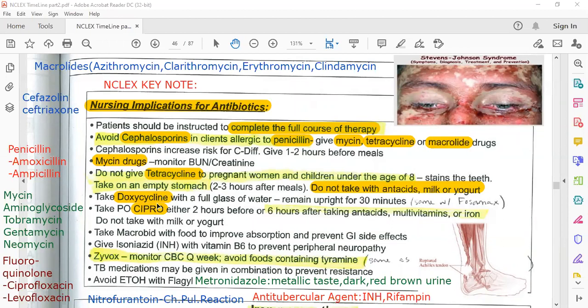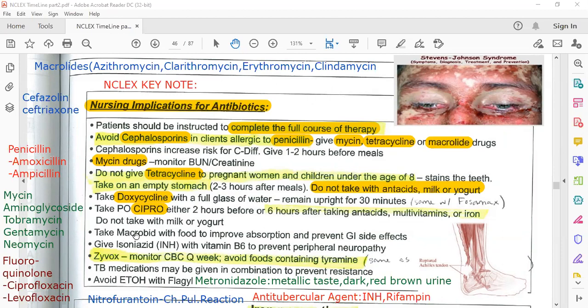And they can also cause GI upset like nausea, vomiting, diarrhea. Take Cipro either 2 hours before or 6 hours after taking antacid, multivitamin, or iron, and do not take with milk or yogurt, like tetracycline.